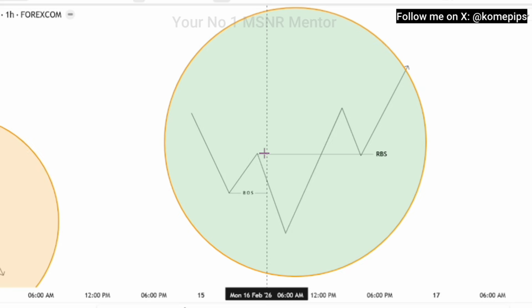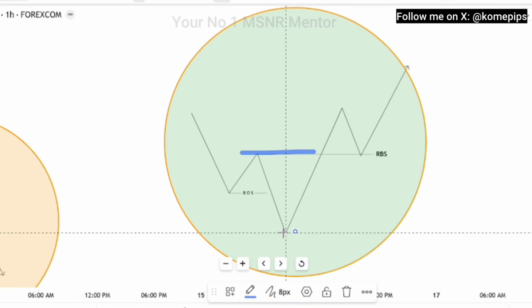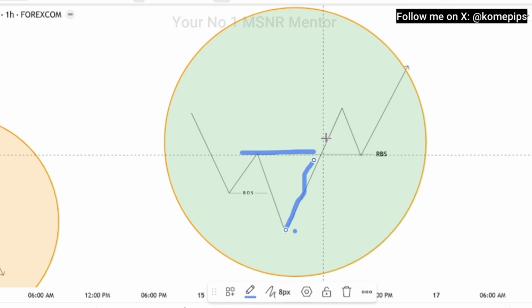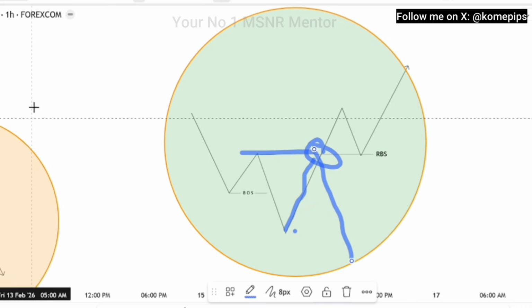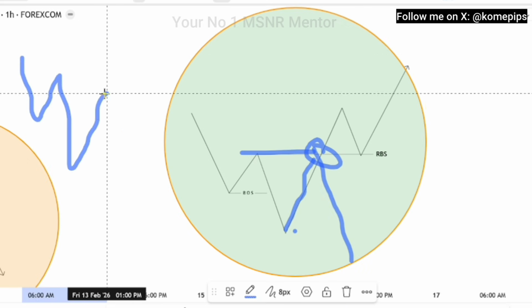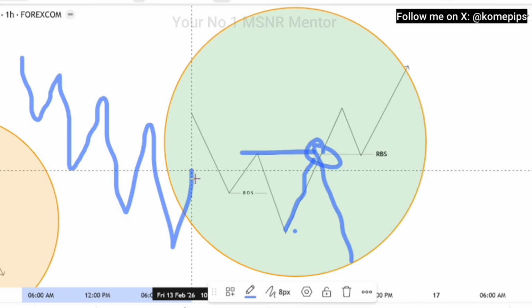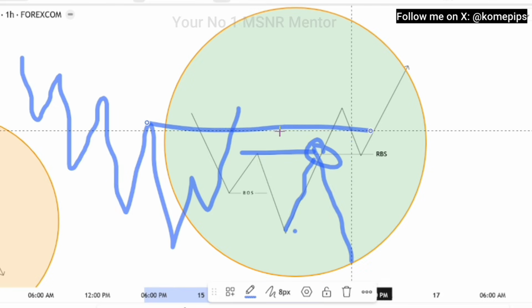So this becomes a resistance. The implication is that when price is coming up, we want price to respect this zone and continue, because if price is moving, it will be creating lows, highs, lows, highs. Once this level is broken, this becomes our RBS.